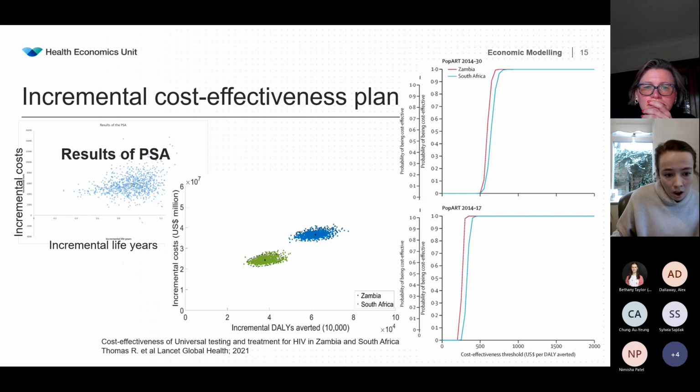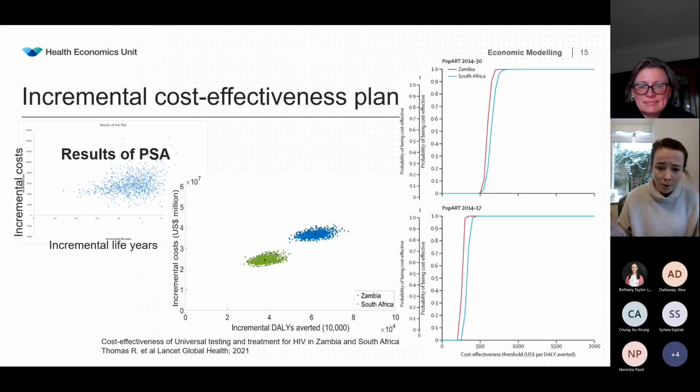You'll have a whole bunch of outcomes from using the different values that were sampled from the distributions, and you'll get these little clusters like this. And here, the green and the blue represent the two different countries. It's too small on my screen to actually read my key, but one of them is Zambia and one of them is South Africa.